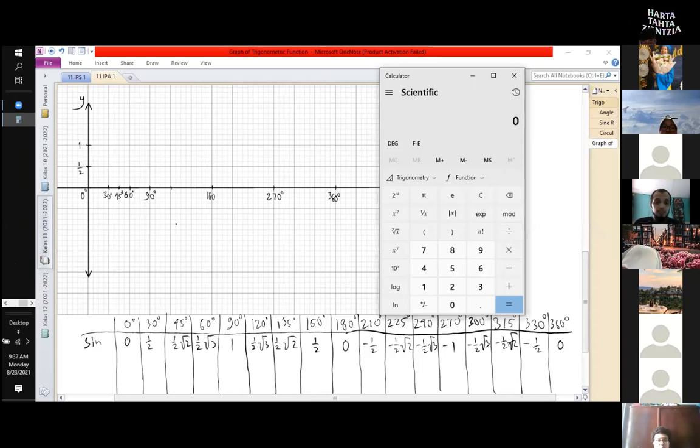Kita bisa hitung pakai kalkulator, setengah akar 2 itu berarti akar 2 bagi 2 ya. Oke, akar 2 per 2 itu 0,70 atau 71 ya.